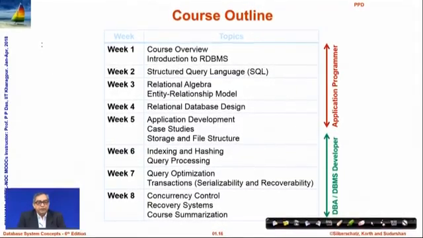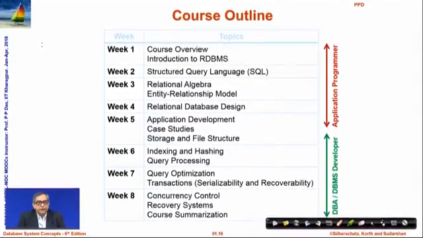They are called application programmers. That is, I should say, the first level in terms of database understanding, and you must target to become a master of application programming to get started with.